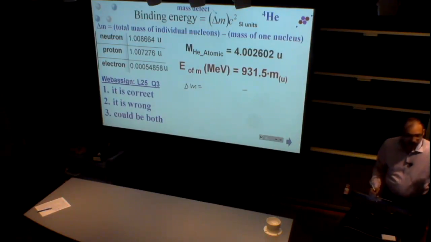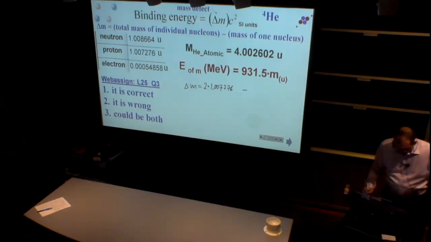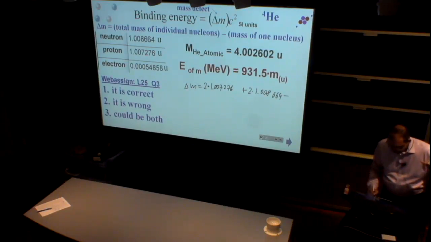One number represents the individual masses of protons and neutrons. So 2 times for the proton 1.007276 plus for neutrons 2 neutrons times 1.008664. Now we need to subtract the mass associated to the helium.